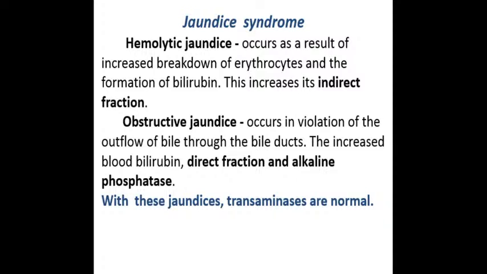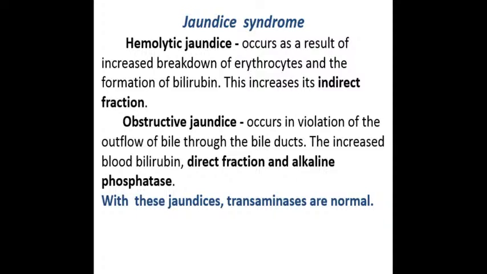So the first variant is hemolytic jaundice, which occurs as a result of the increased breakdown of erythrocytes and the formation of bilirubin. This increases its indirect fraction.